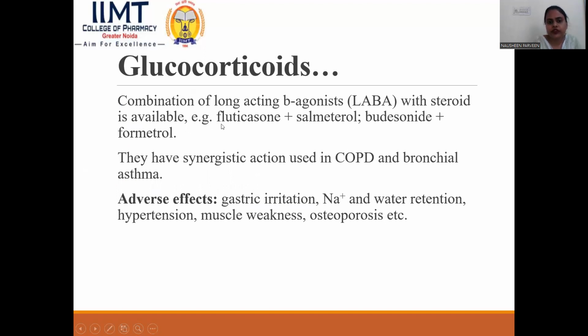Examples: fluticasone and salmeterol, and budesonide and formoterol. They have synergistic action, used in COPD and bronchial asthma. Side effects of glucocorticoids are gastric irritation, sodium and water retention, hypertension, muscle weakness, osteoporosis, etc.